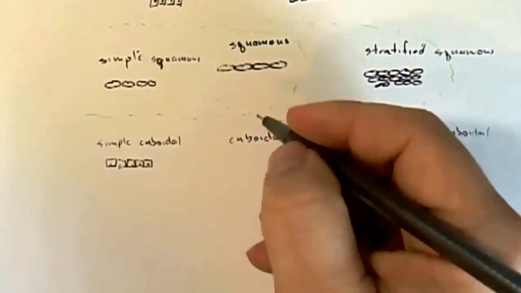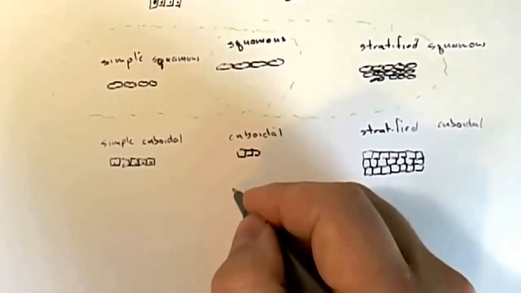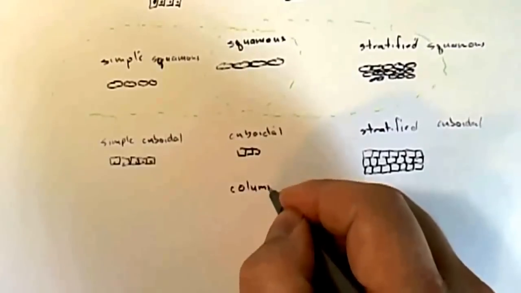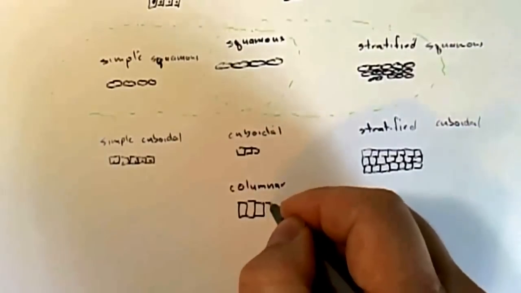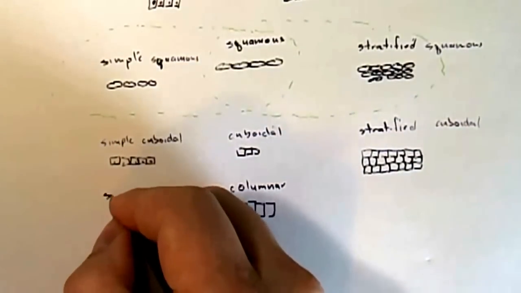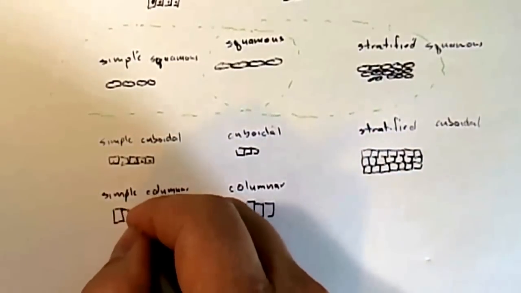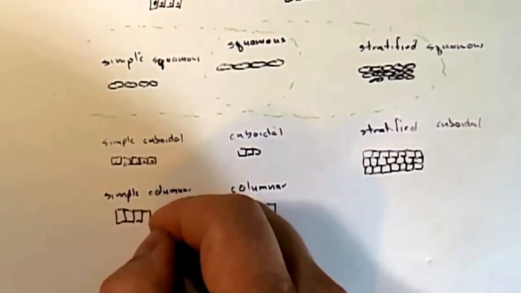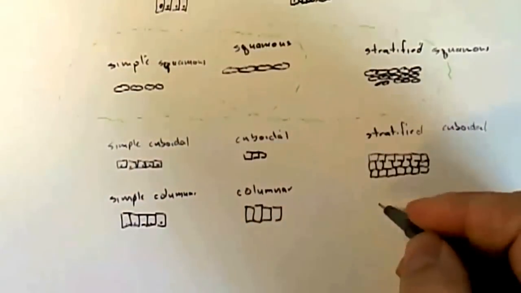Our last type of cell was columnar. And again, you can have those simple, or you can have those stratified.